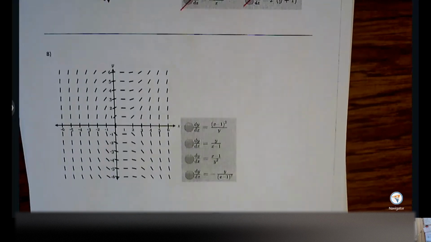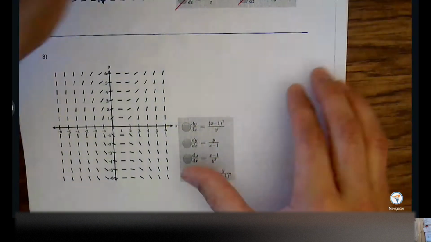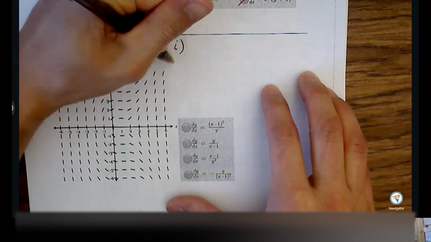All right, number 8. You want to spend a minute to try this one, and then we can go over it.